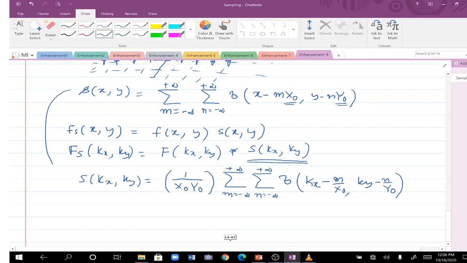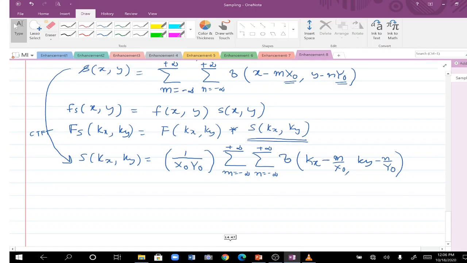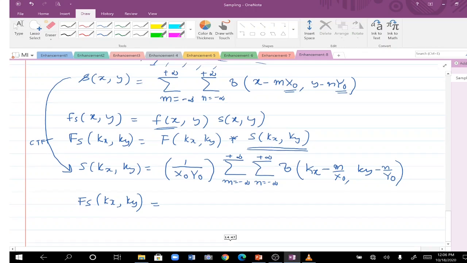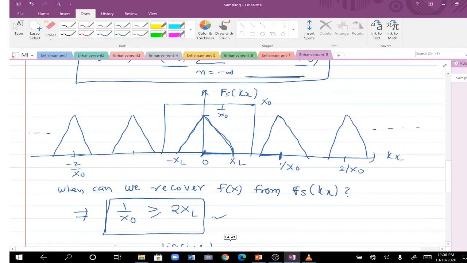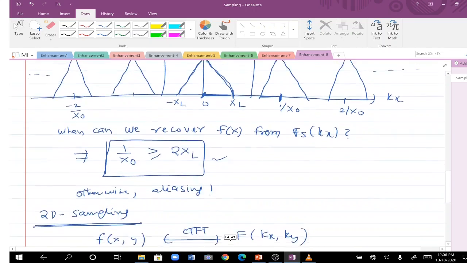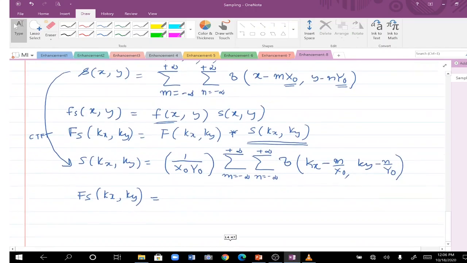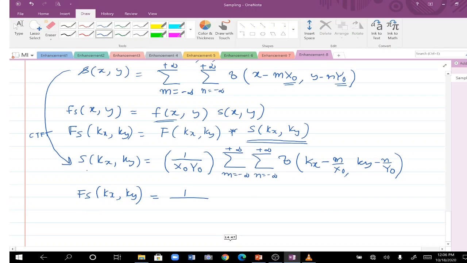So this is your CTFT of it here, right? Now, what about F_s of xy? You convolve the Fourier transform of f of xy with this. Since we have already done it for the 1D case, I'm right away writing this. The multiplication factor would be, of course, convolve this S of kx comma ky with F of kx comma ky.